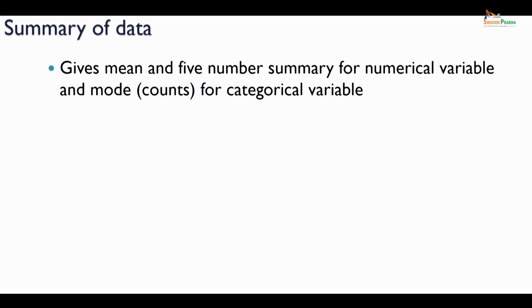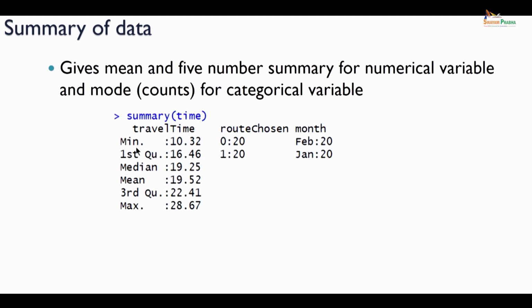By 5 number summary I mean the minimum, first quartile, the median, the third quartile and the maximum. These are the 5 number summary that it gives you for a numerical variable, and for the categorical variable it gives you the counts or the mode.